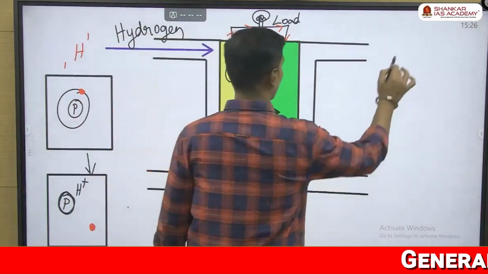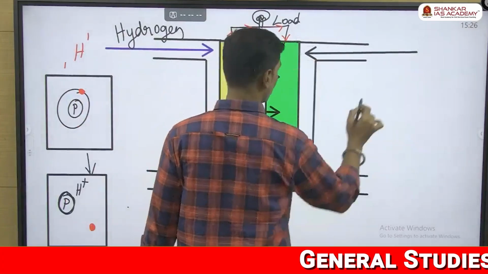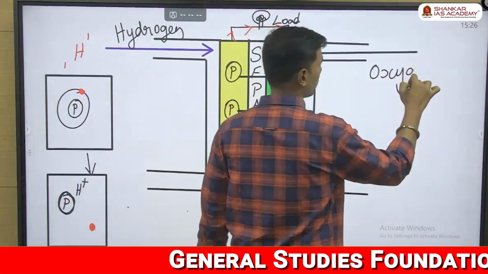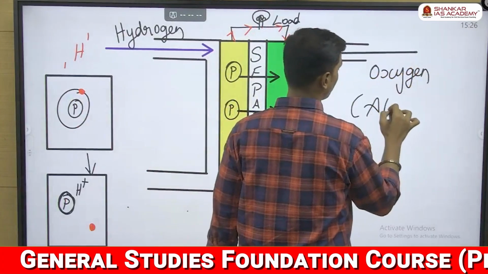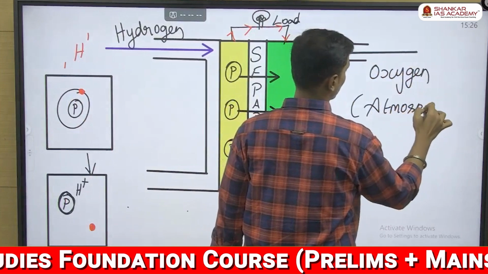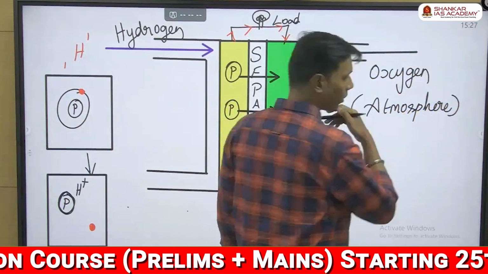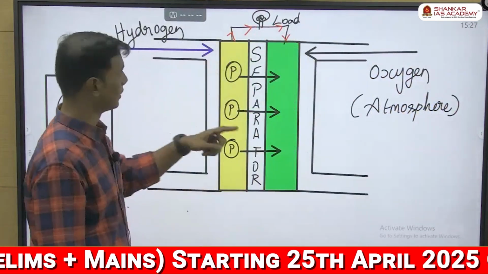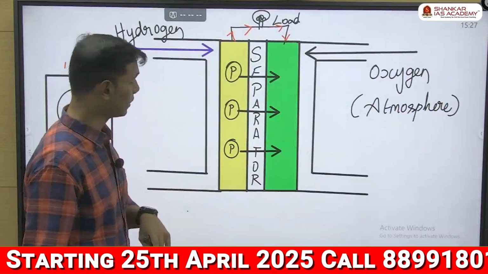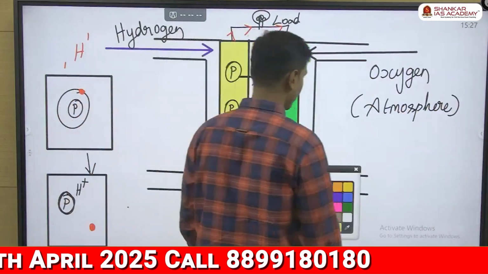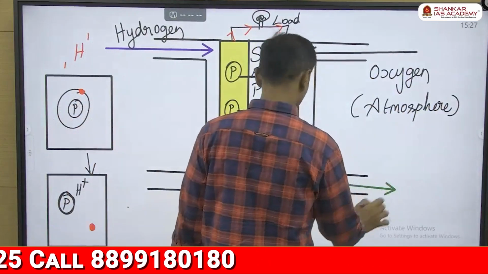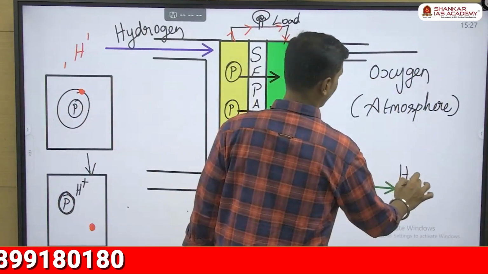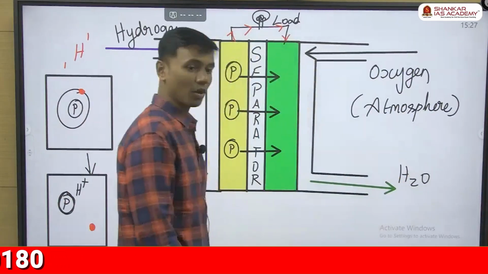Along with it, we are also letting oxygen inside. So this oxygen is generally taken from the atmosphere. Oxygen is taken inside. Hydrogen is let inside, oxygen is combining. Hydrogen and oxygen will combine to form. What will be formed usually? Small amount of water vapor or water droplets will be formed.